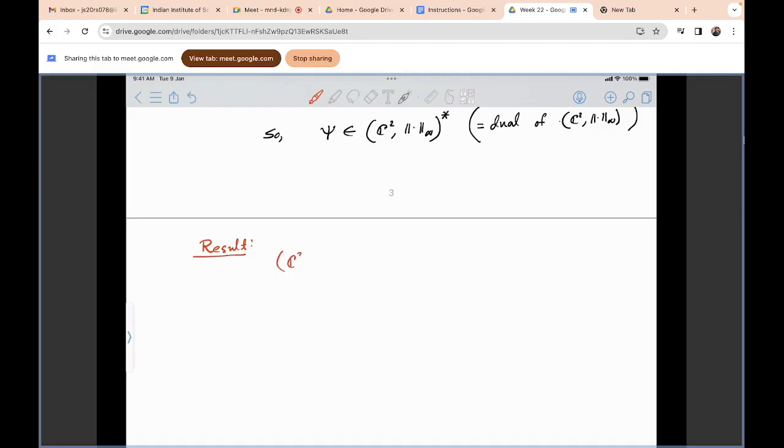So the dual of C2 with L infinity norm is isometrically isomorphic, meaning the norm is preserved, to C2 with the L1 norm.